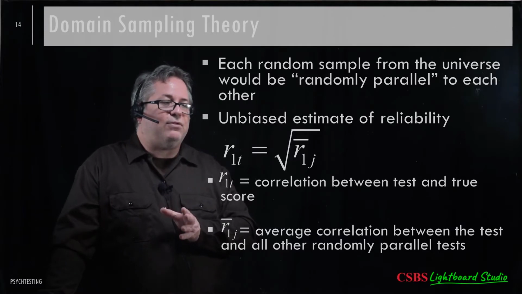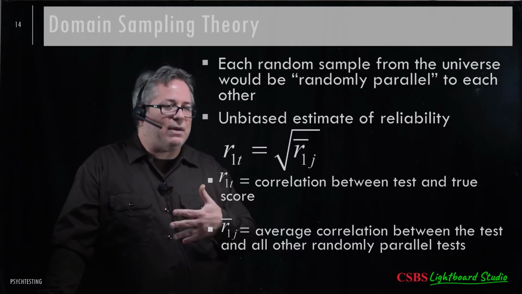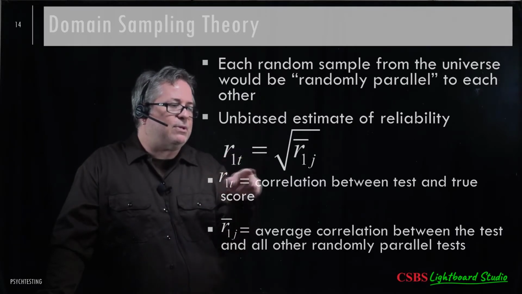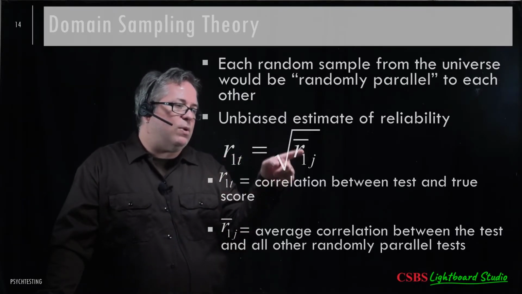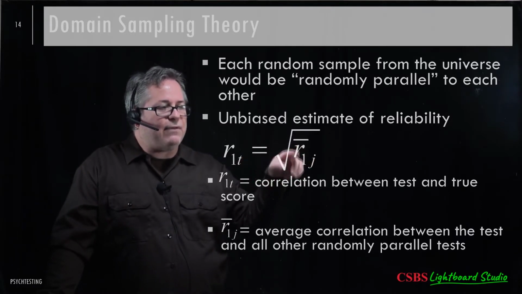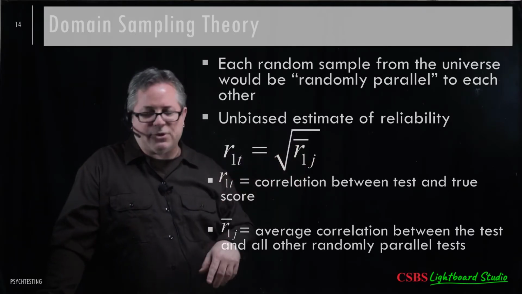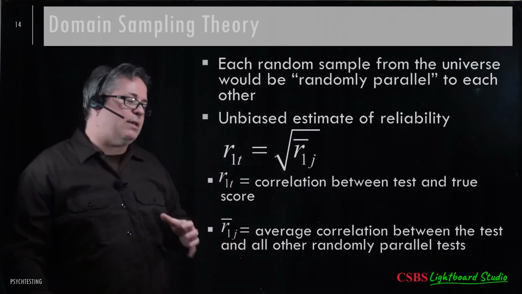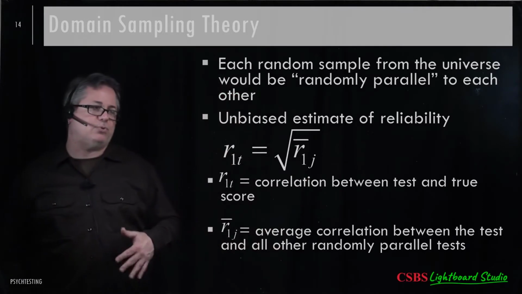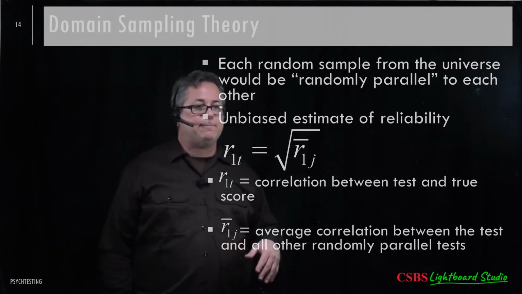So is anybody actually doing this? No, this is sort of thinking theoretically. If we were to do this, we could figure it out. We can get an unbiased estimate by simply looking at the average of that one test with all other versions of the test of the same size, get that average, and then get a measure of reliability: how much that test corresponds or correlates with the true score that you're trying to target.